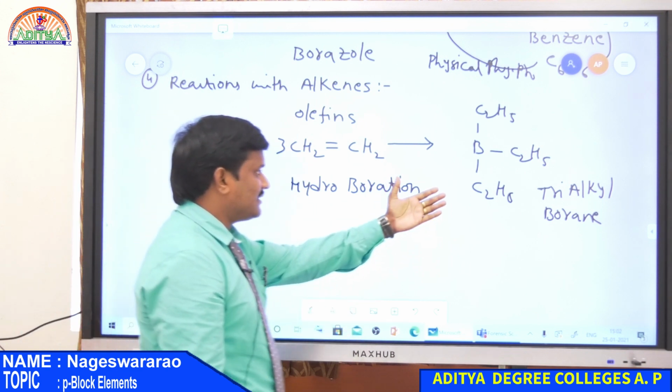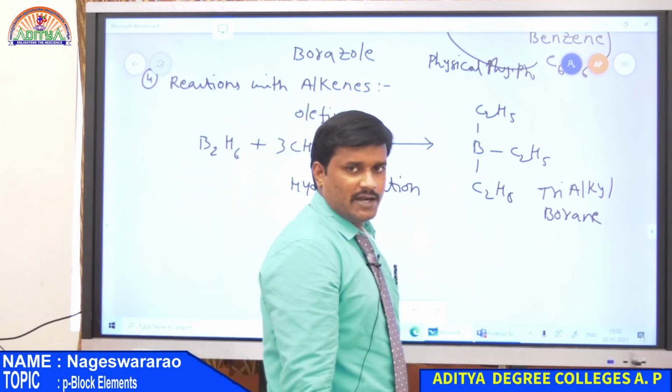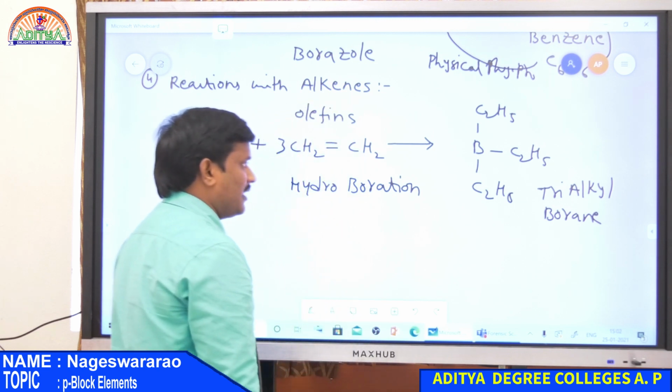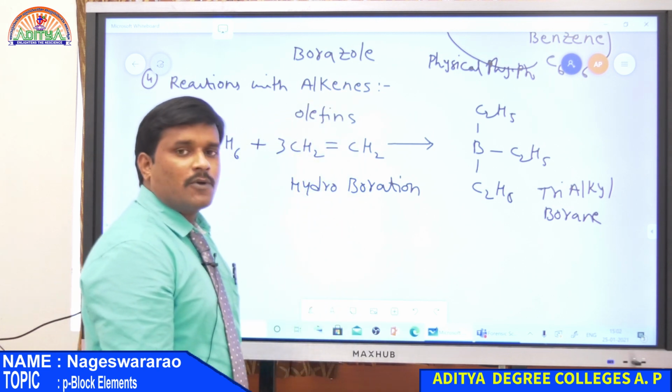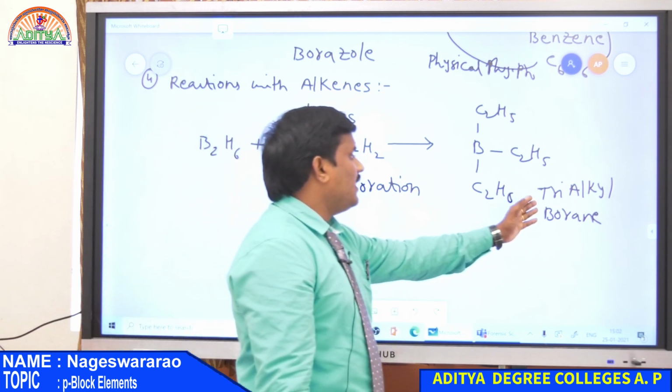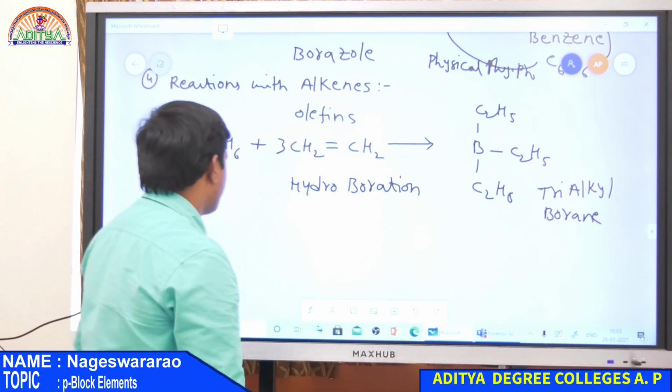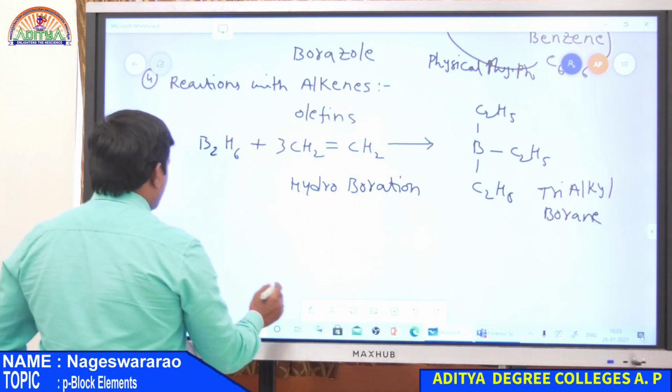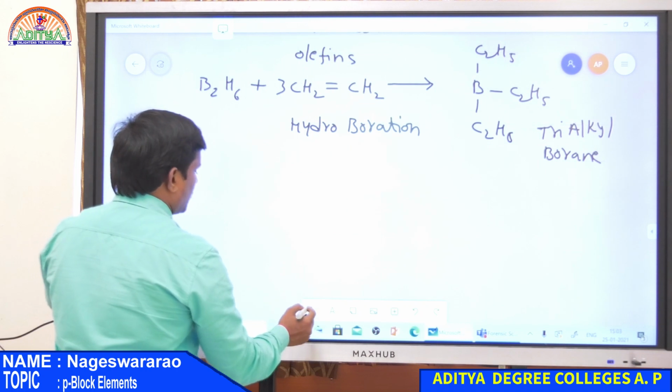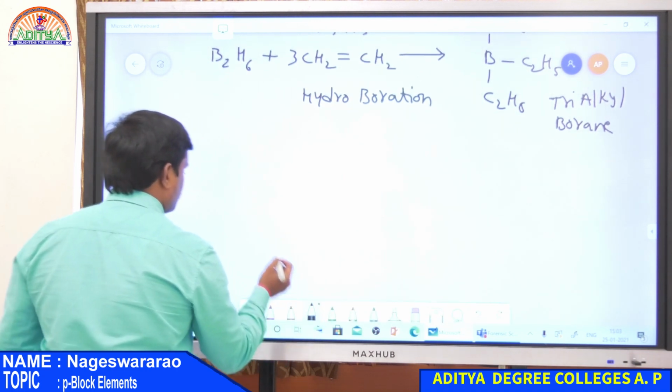So here it is ethyl because it has 2 carbon atoms. If it has 3 carbon atoms, then it is tripropyl. So trialkyl borane. Now next one is uses. So what are the uses of diborane?